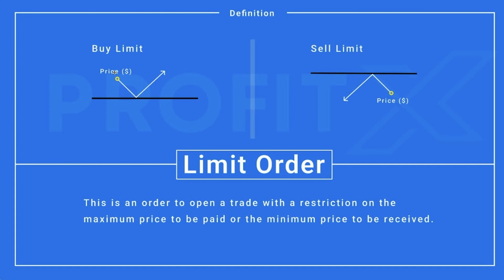So if price is up here, you may not want to buy up there because that may be too far from your entry or your stop loss. You may have a larger stop loss than you like. We want to reduce the level of our risk exposure, right? So meaning we may want to wait till price comes down and then buy. So we would put a buy limit order there.